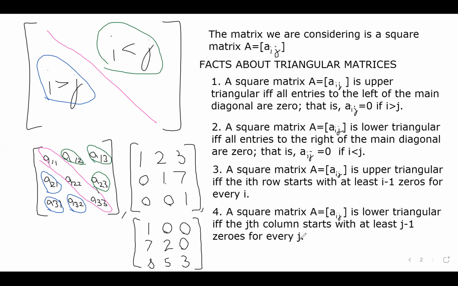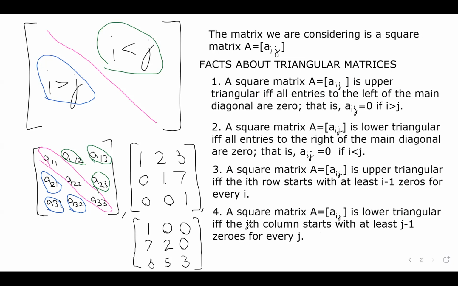So both statements are true for that matrix, and each statement implies the other. So that's true. They're both the same truth value. They could both be false, but in this case, they're both true. So this is another way of identifying which matrices are lower triangular.